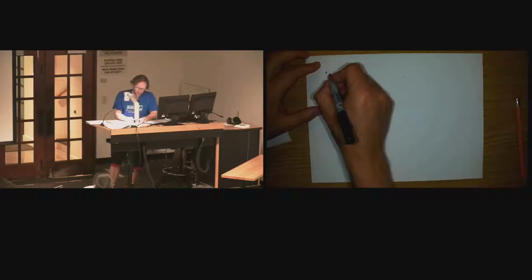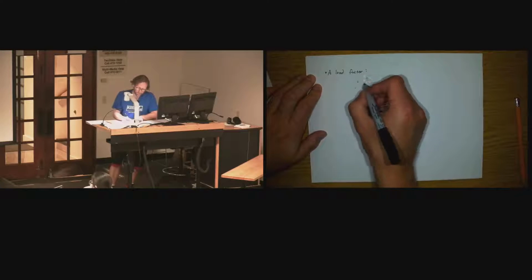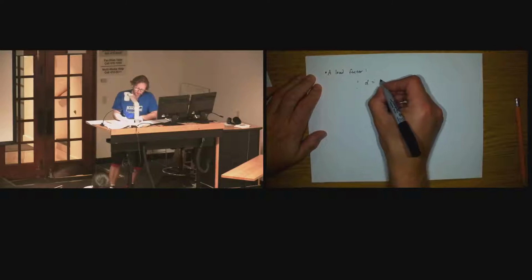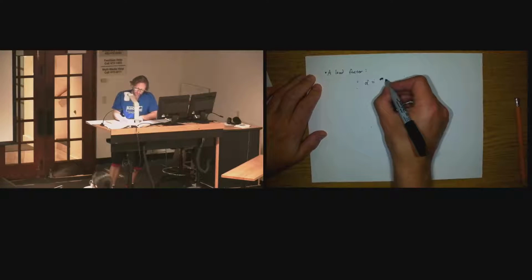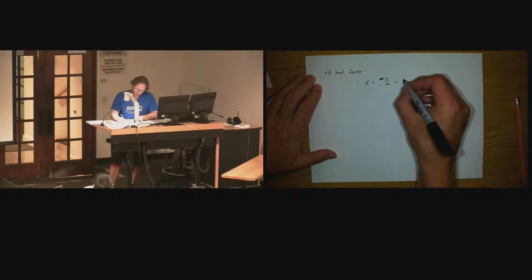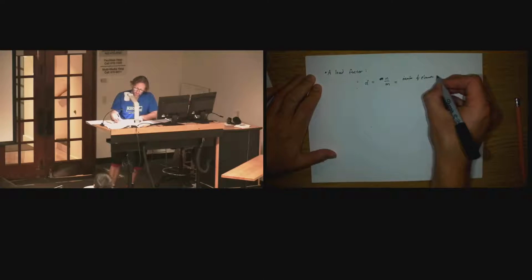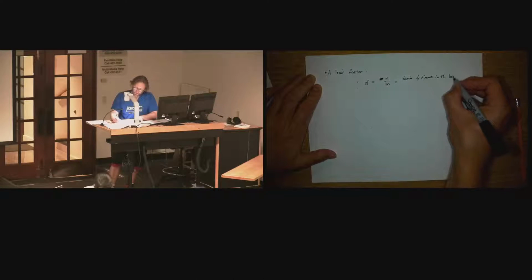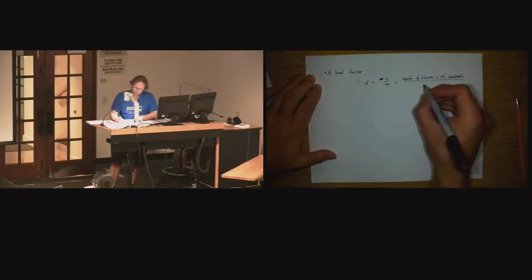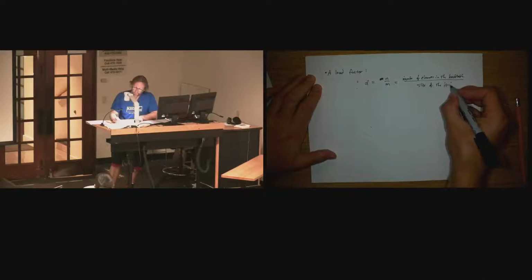So we're going to define what's called a load factor. A load factor, alpha, is equal to n divided by m, is equal to the number of elements in the hash table divided by, and then the same m as we were using before, the size of the hash table.